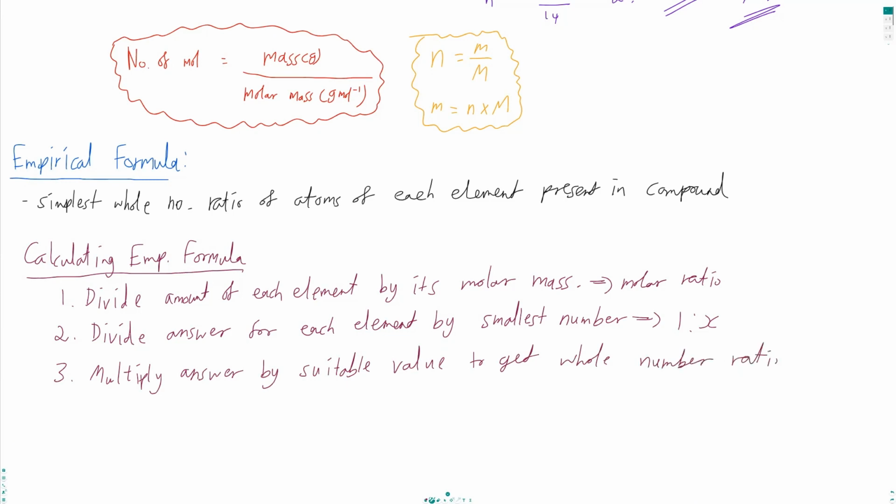So instead of it being, say for example, if x here was 1.5, you would multiply by 2 to get 2 to 3. There you go.